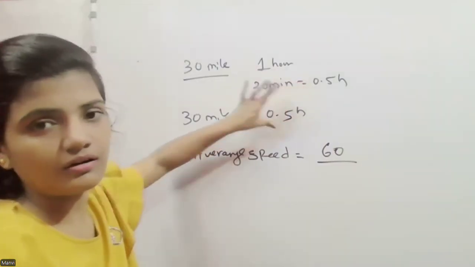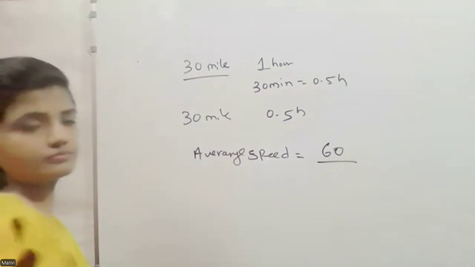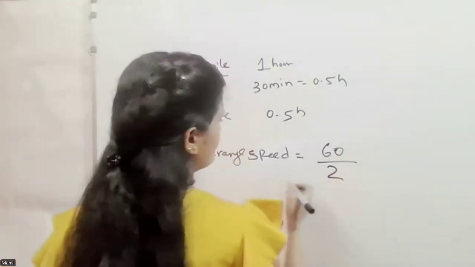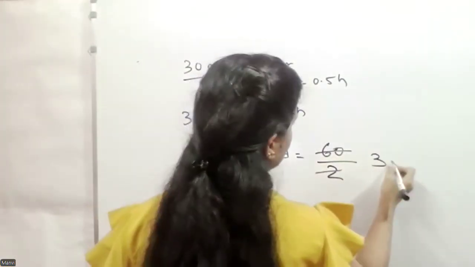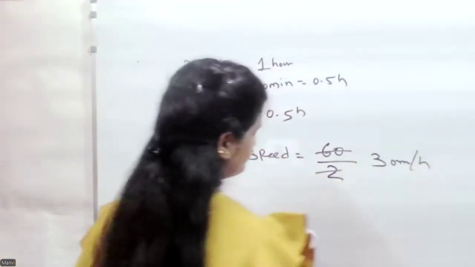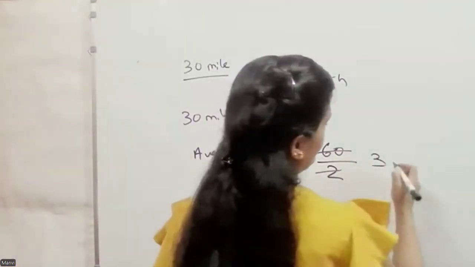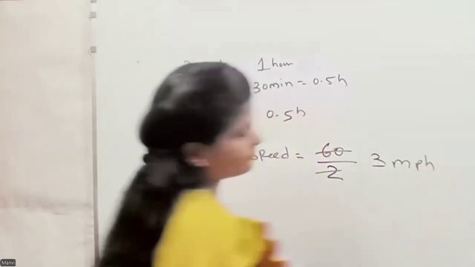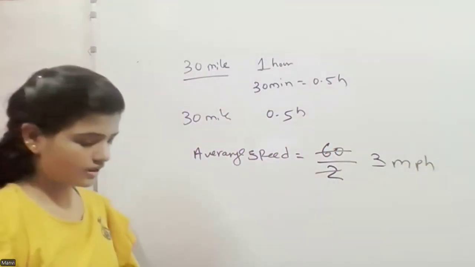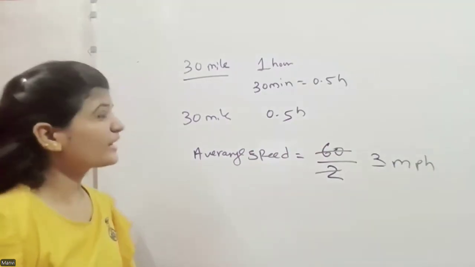Oh, that'll be 2 hours. So the average speed is 30 miles per hour. You can simply say miles per hour. Okay, that's it.